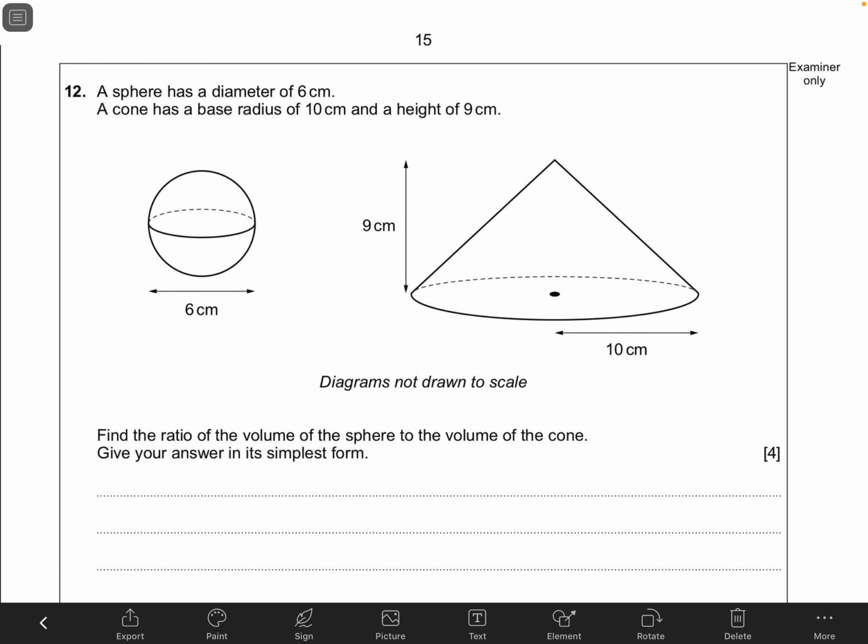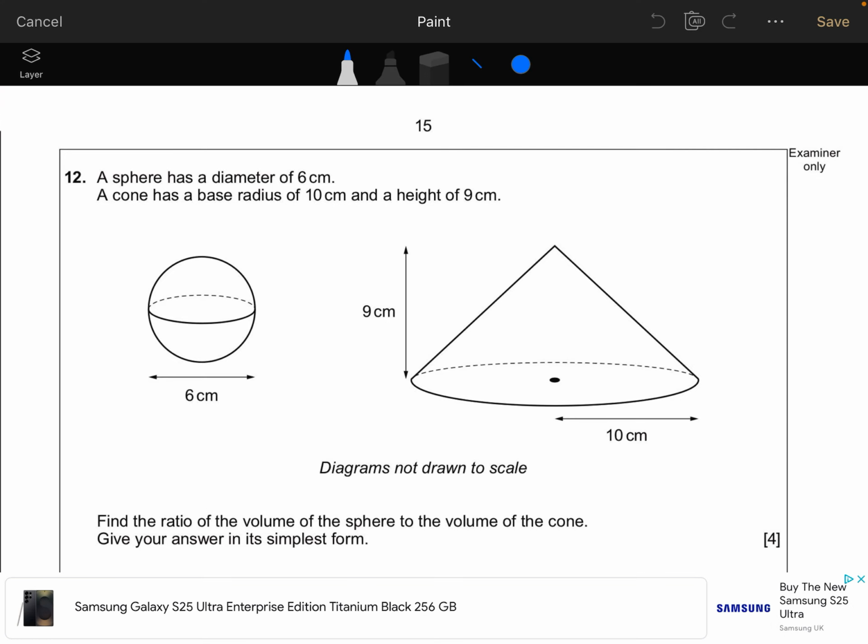The sphere has a diameter of 6 centimeters, and a cone has a base radius of 10 centimeters and a height of 9 centimeters. Find the ratio of the volume of the sphere to the volume of the cone. Now, for these different things, we've got the volumes at the front of the booklet.